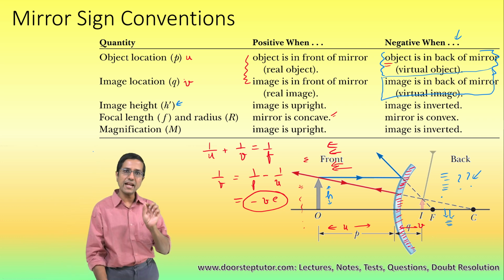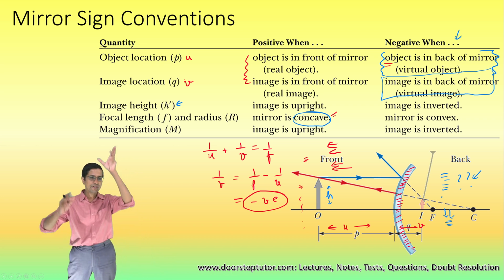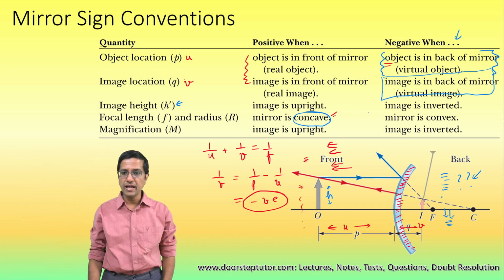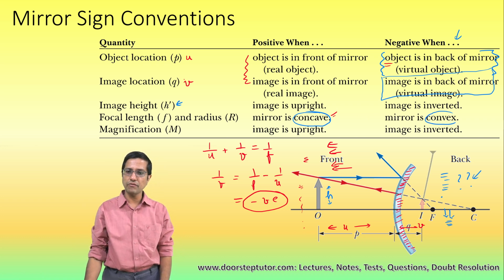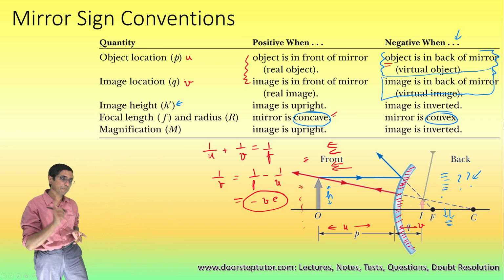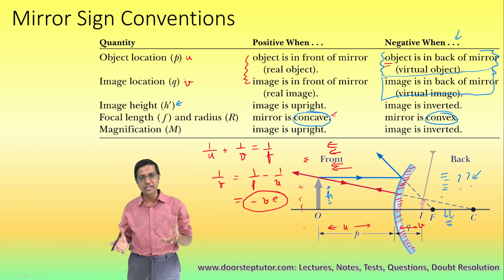Now focal length and radius, this is something we have to remember. They are positive if the mirror is concave. In the last class we dealt with the concave mirror and took f and r to be positive. They are always negative if the mirror is convex. Another thing is that this is a sign convention for mirrors. For lenses, there is a separate sign convention which we'll study in a later class.